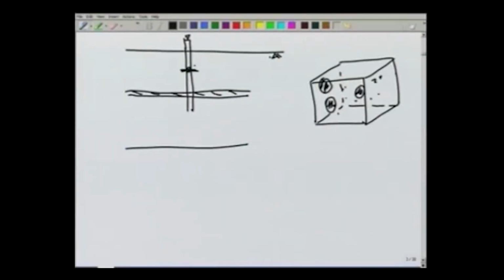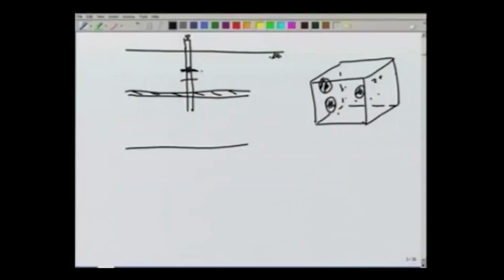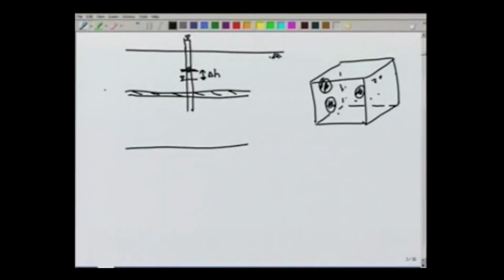Now, what we want to see is how much water will come out if we lower the piezometric head by a certain amount delta H. This lowering of the head may be because of pumping, or it may be because of head drop in some other area where this aquifer is connected.